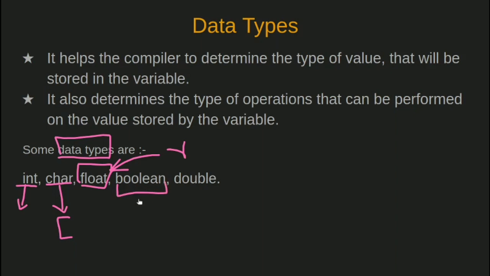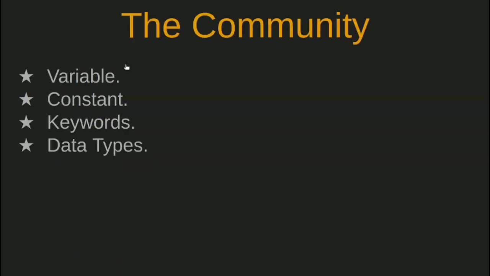Boolean determines that the value is either true or false. And double is used whenever we need to store a decimal number but with double the precision provided by the float data type. Now that we know all these concepts, let us look at them in action.